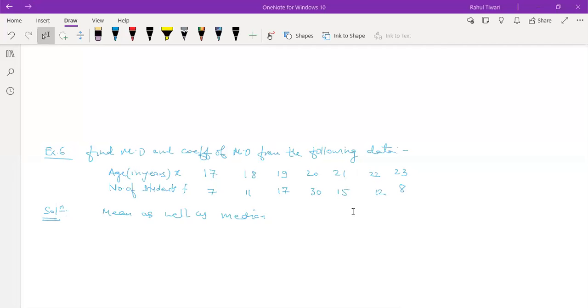You can calculate mean, you can calculate median, and then based on that, you can calculate MD from mean, MD from median, and then obtain the values. If the mean is coming in decimal, you have to take up to 2 decimals. There is no choice.